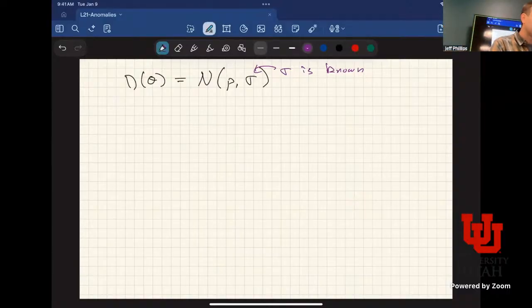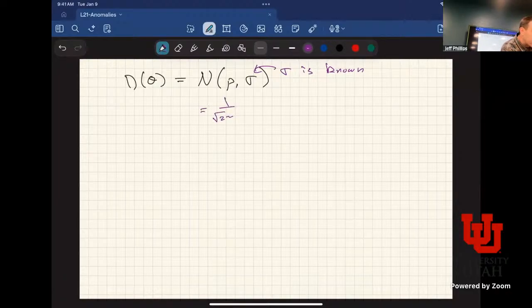So if this is the case, and this, remember, is equal to 1 over square root 2 pi times sigma times exp of the difference between p.